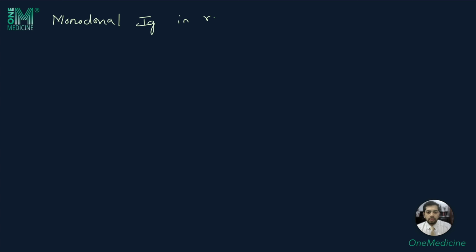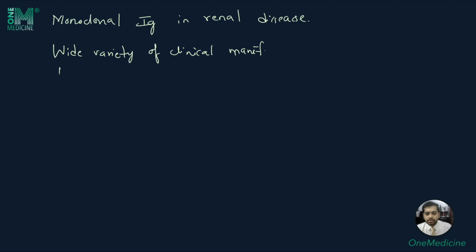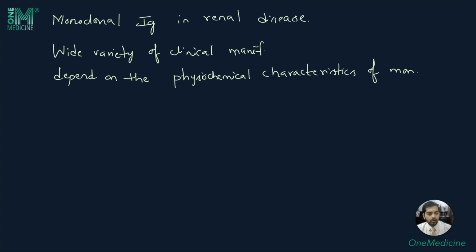The next topic in tubulointerstitial diseases is monoclonal immunoglobulins in renal disease. These diseases have a wide variety of clinical manifestations, and the clinical phenotypes depend on the physicochemical characteristics of monoclonal immunoglobulins.